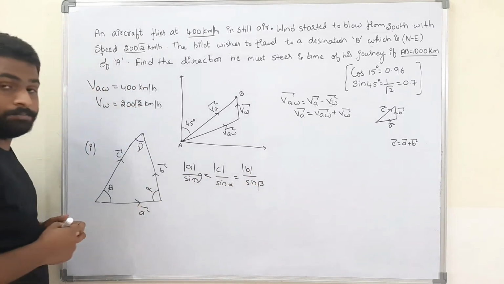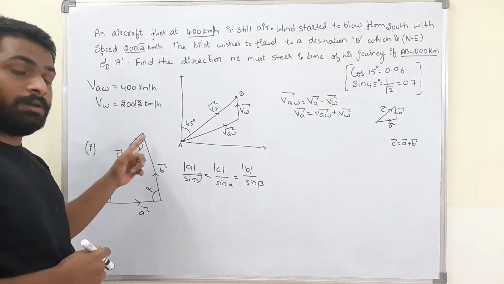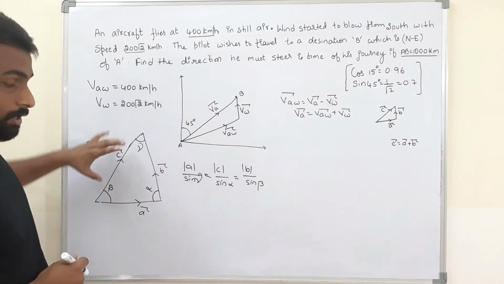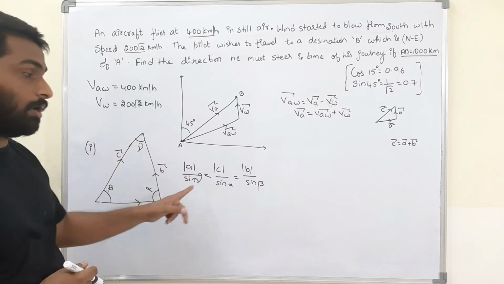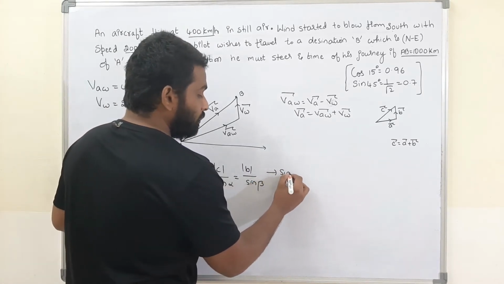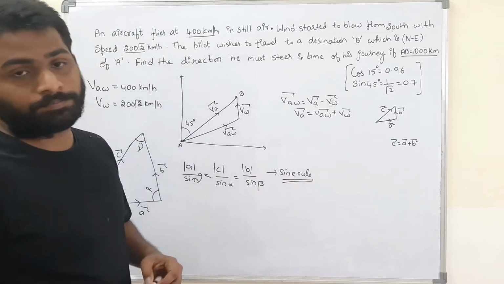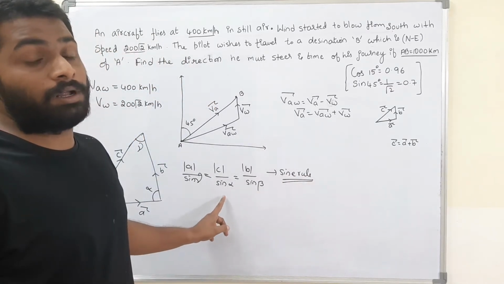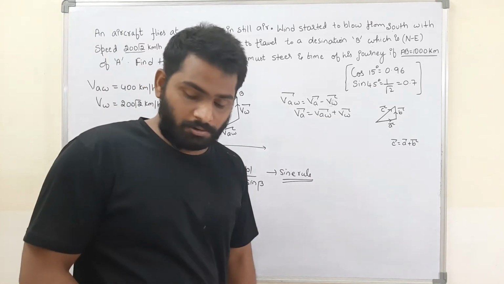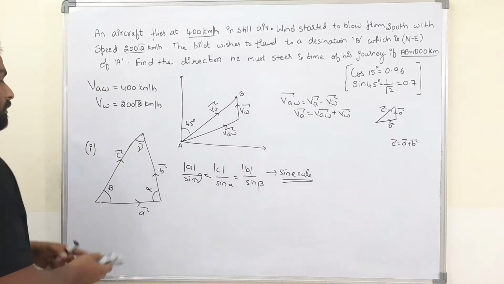That is the sine rule. This side by sine of opposite angle is equal to this side by sine of opposite angle is equal to this side by sine of opposite angle. They all have to be the same. That is nothing but the sine rule. This is very important. You have studied vectors. Sine rule, a very important rule. Now I am using this rule to find the answer. Now see how I am going to find the answer.